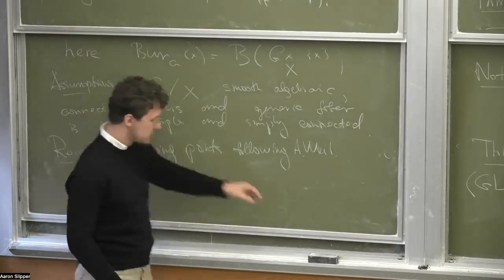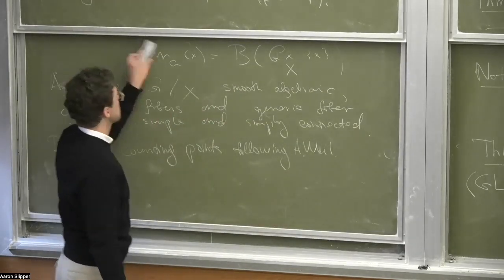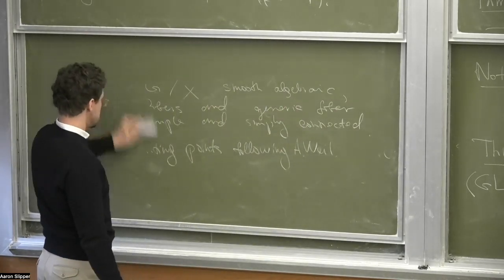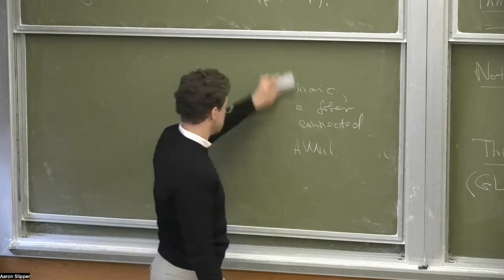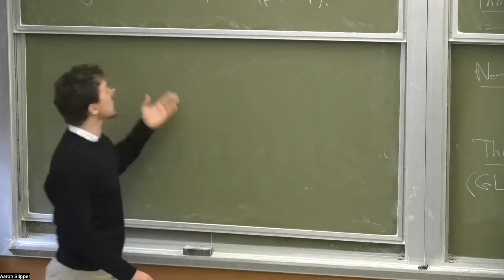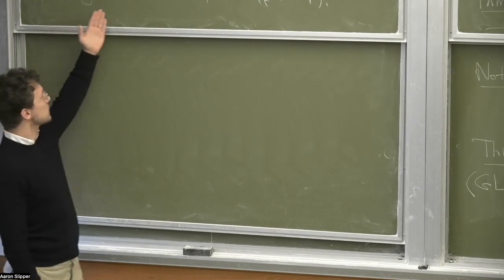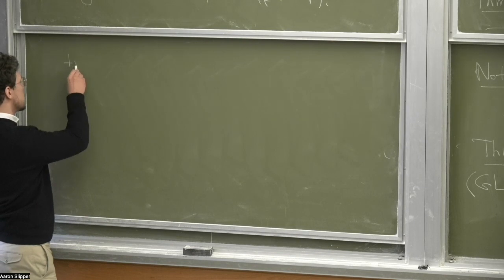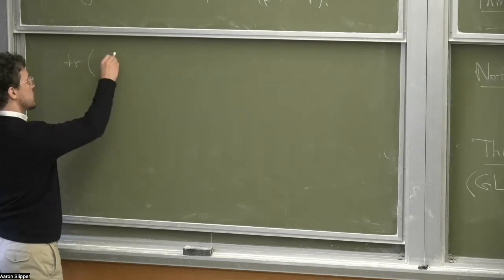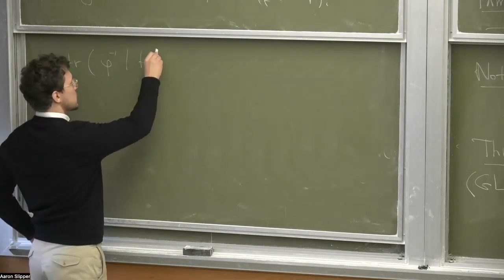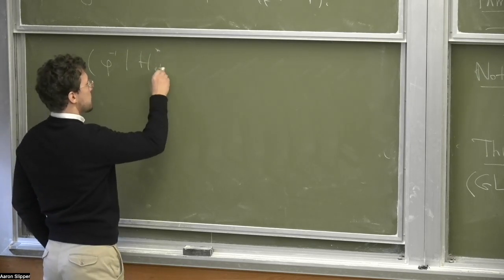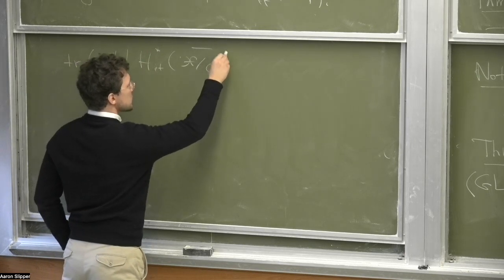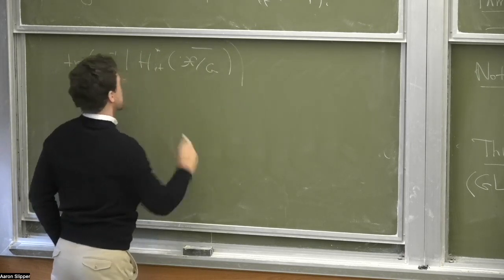Now, the nice thing about trace is that it splits over filtrations. Namely, here I have a filtered object with associated graded pieces. I can compute the trace of my Frobenius inverse on the étale homology of Φ_X bar, right?